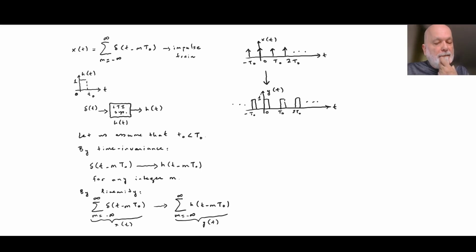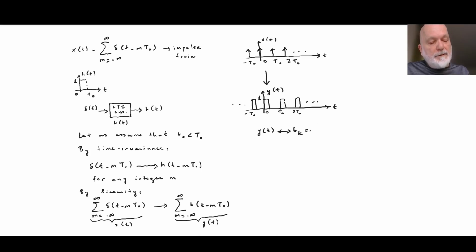Now, we know that y of t has the Fourier series coefficients bk. And remember that we have obtained this by means of using the system action and the fact that the complex exponential signals are eigenfunctions of the LTI system.